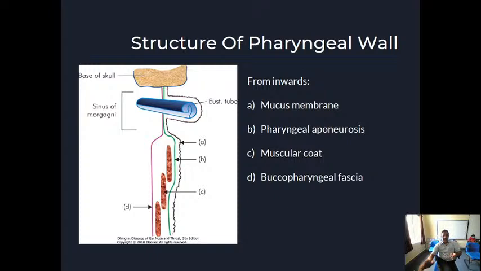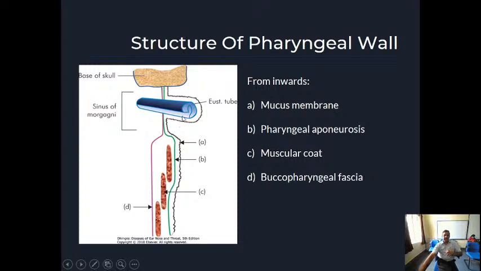If you see from inside, in a section on the right side, initially you have the mucous membrane. The mucous membrane in the nasopharynx is respiratory epithelium, pseudostratified columnar epithelium, which slowly transitions when it comes to the oropharynx. There the mucous membrane is stratified squamous epithelium, which continues into the laryngopharynx as stratified squamous epithelium itself.